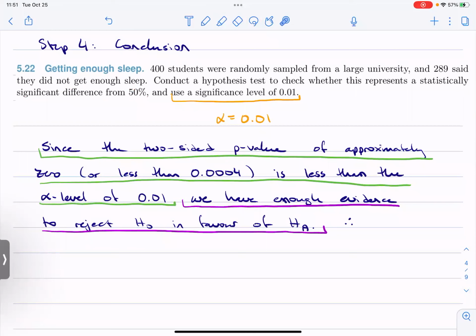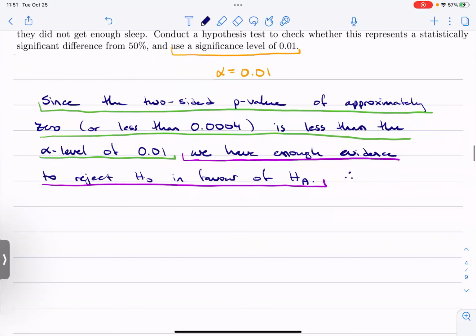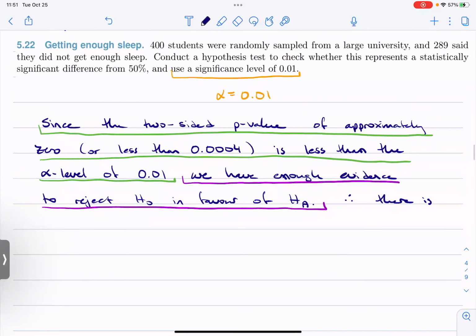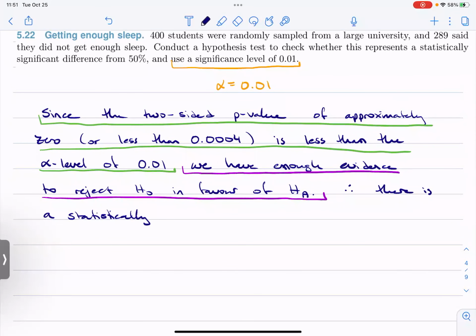Weird, right? But therefore, there is a statistically... what am I trying to do? I'm trying to steal as many parts of the question as I can and reword them so they make more sense.